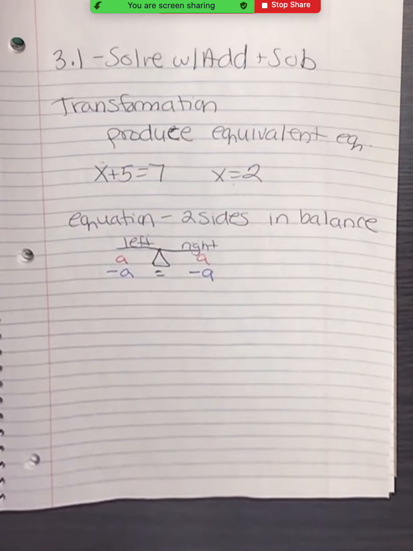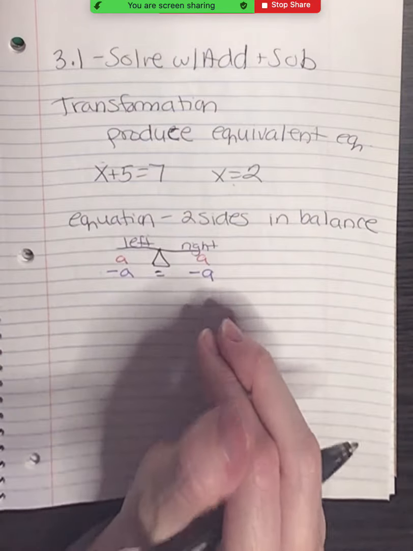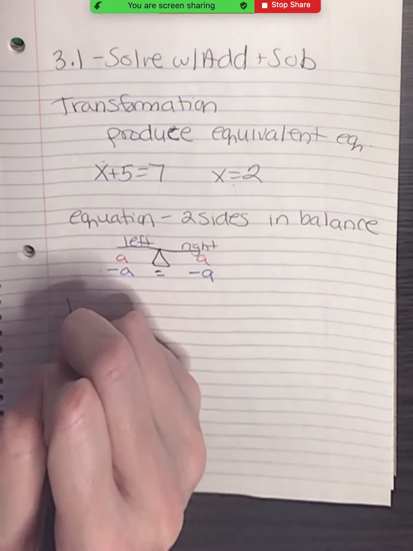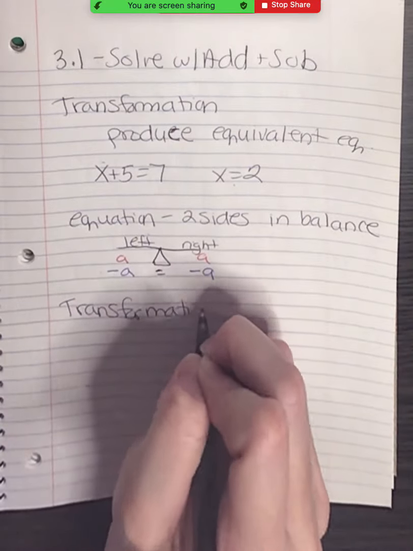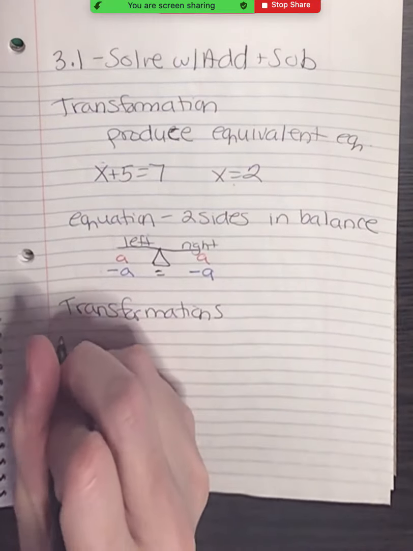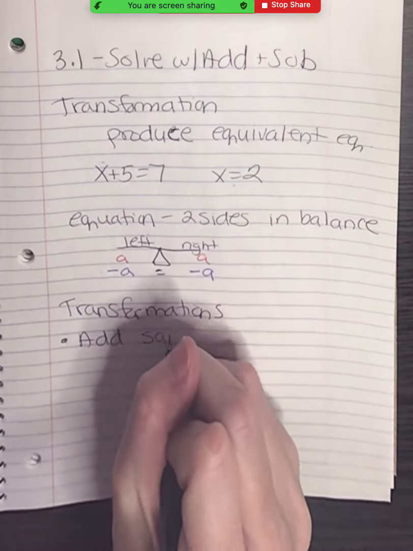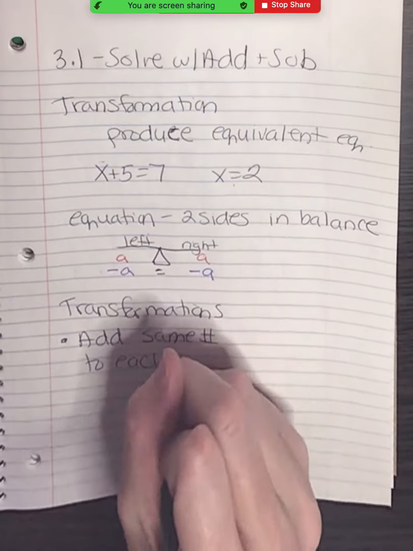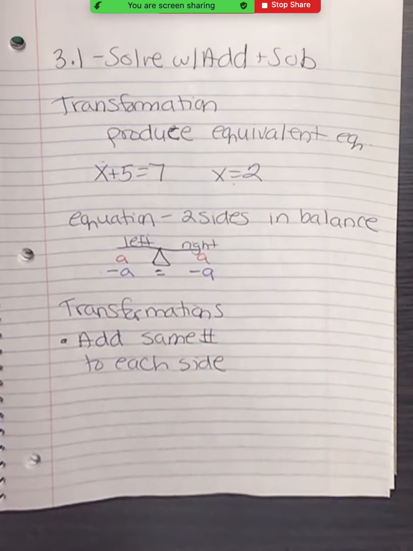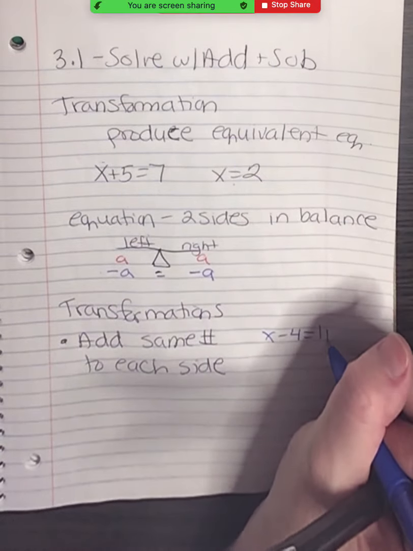So transformations that produce these equivalent equations are on page 132 of your book. And they are that you can add the same number to each side. All right, so x minus 4 equals 11. We're saying it's in balance.